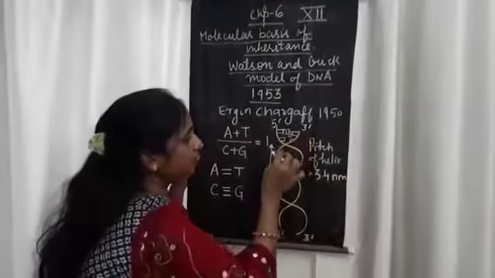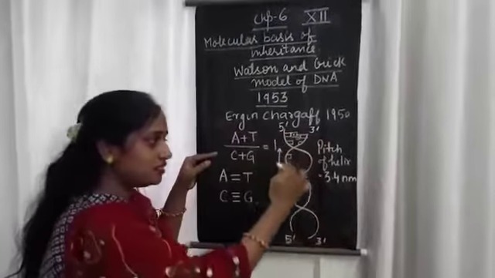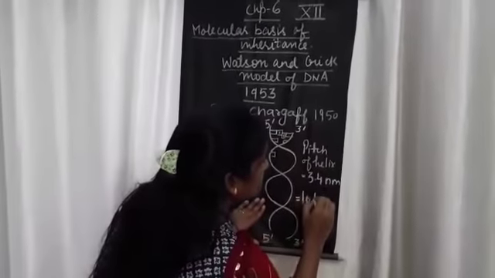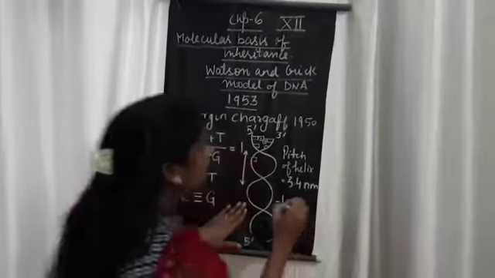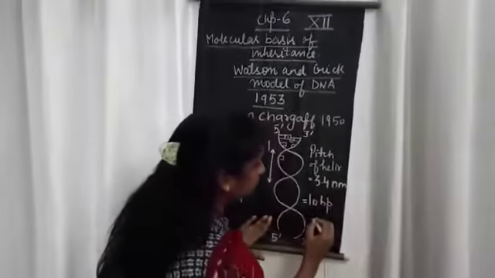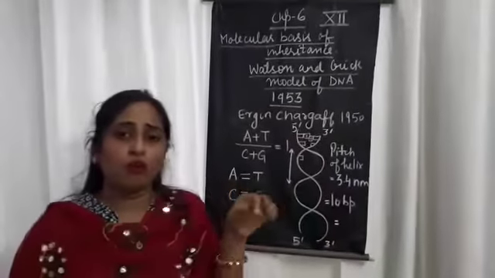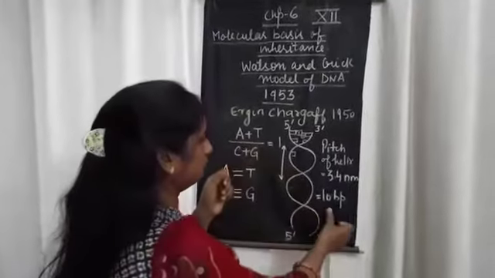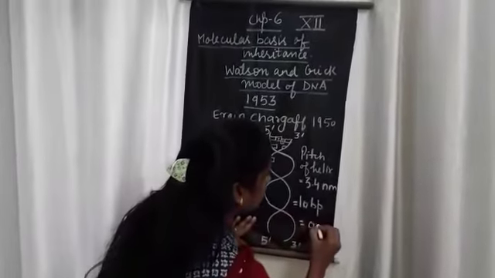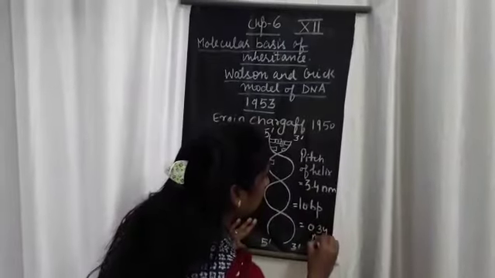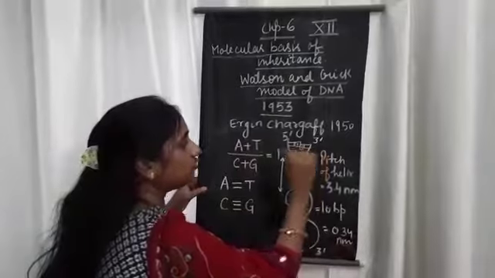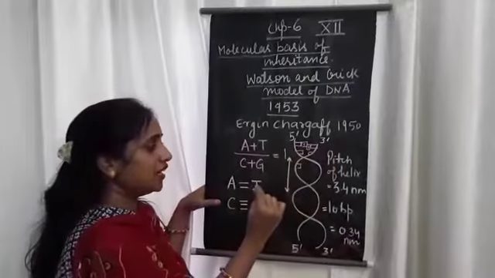And in one turn of the double stranded DNA molecule, there will be 10 base pairs. That means the distance between two base pairs will be 3.4 divided by 10, which gives me 0.34 nanometer. That means these hydrogen bonds will be giving stability to the DNA molecule.